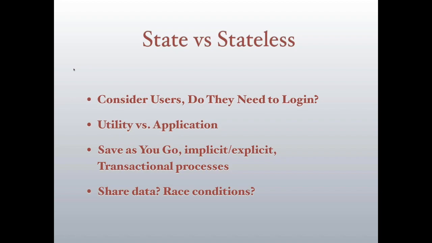Race conditions become a real big issue if you have shared data where multiple people can edit it. So in that same situation, I go into an appointment and share it out with somebody else. If I'm editing the appointment and they're editing the appointment, then whoever saves, suddenly you have to worry about race conditions. Does the first one save and the other one step on top of it?